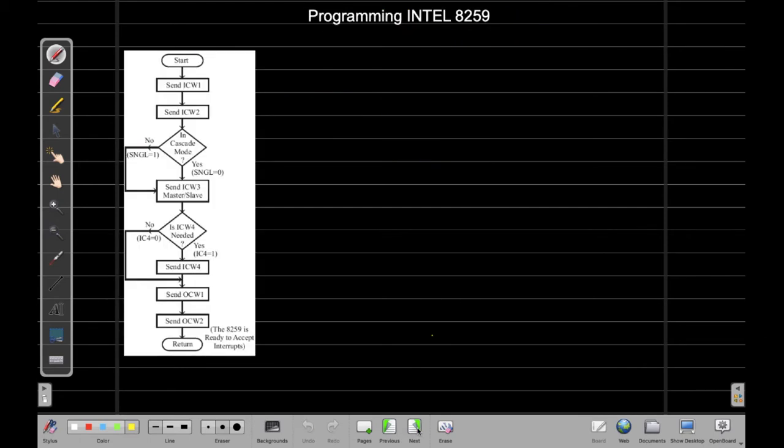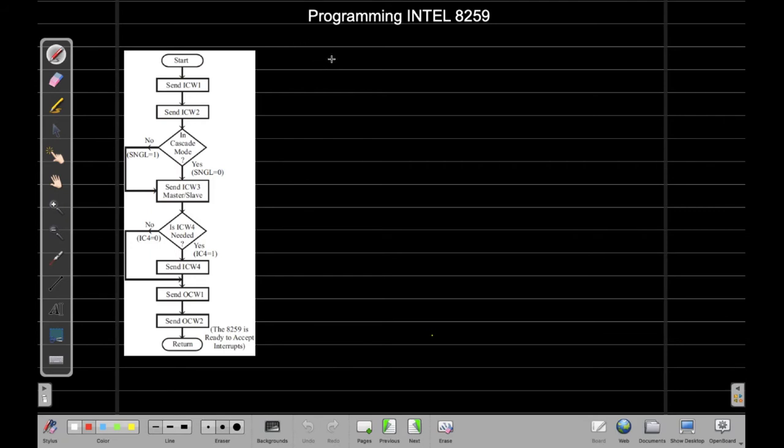Programming an Intel 8259. To program an Intel 8259, we have to follow a particular sequence. That sequence is very nicely demonstrated in this flowchart. So we start the program. The first step before writing the code is initializing the control word.